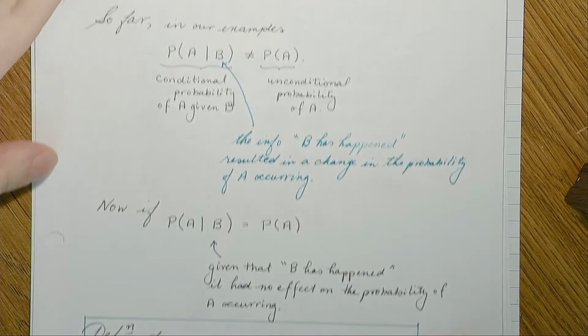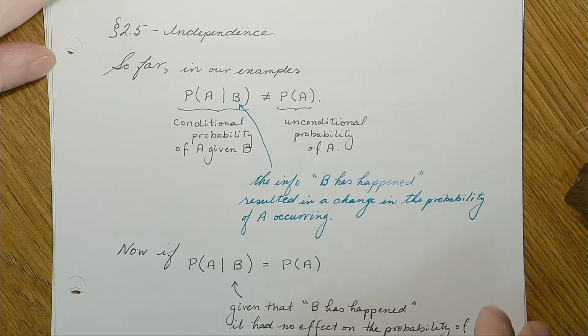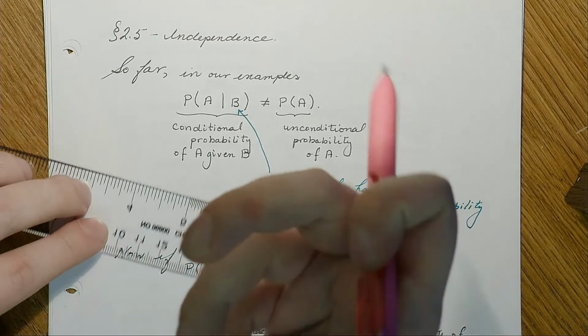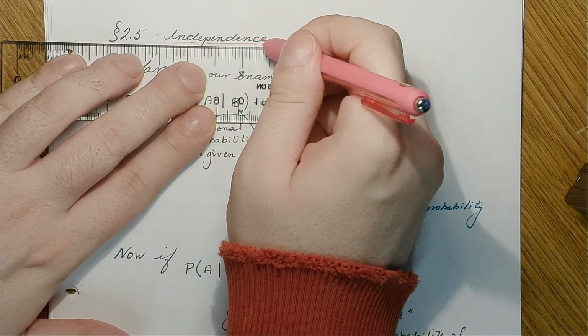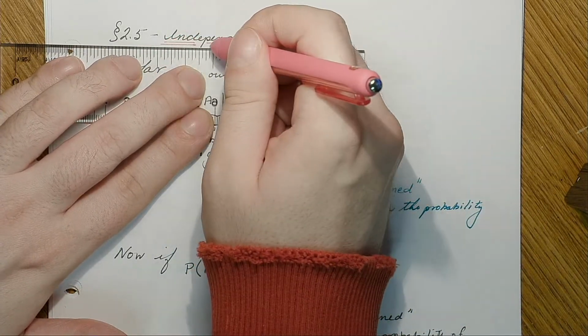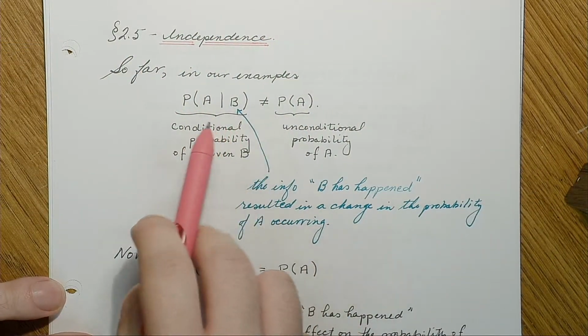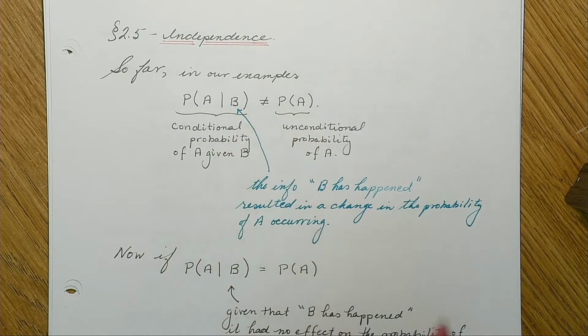We then also covered section 2.5. And again, it's an important concept in probability theory, this idea of independence, because so far we had seen examples where the conditional probability was not the same as the unconditional probability.